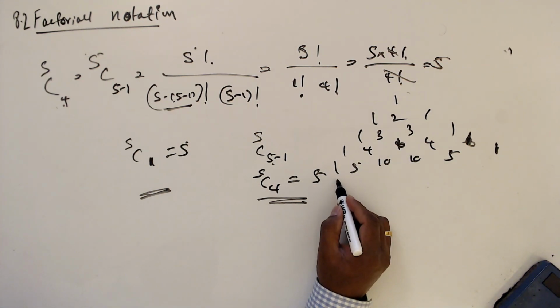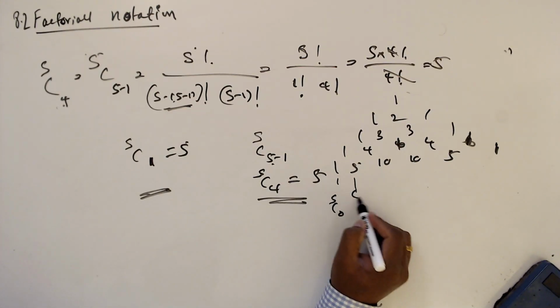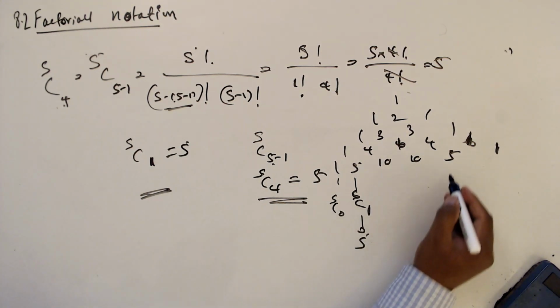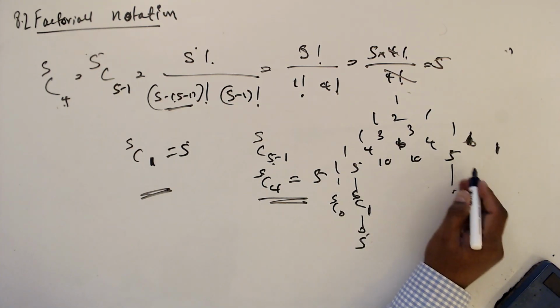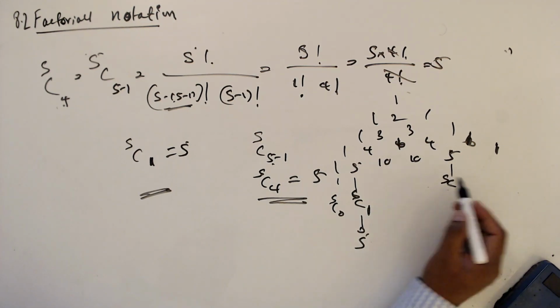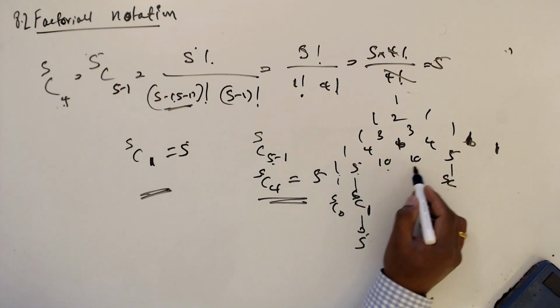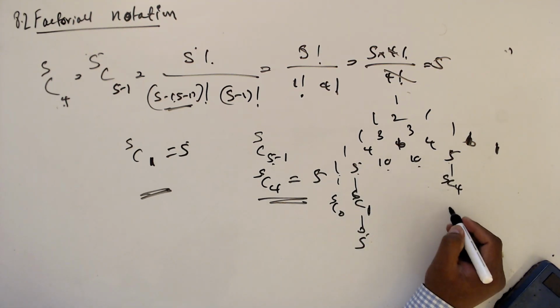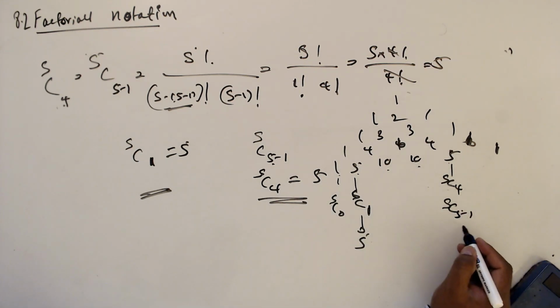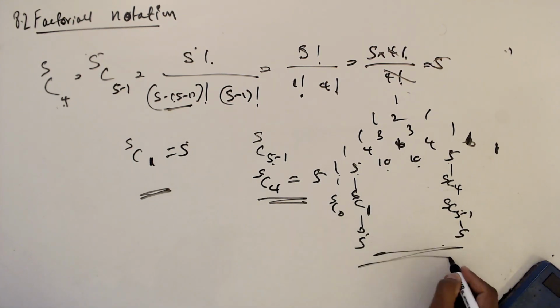This is 5C0, this is 5C1 which is also 5. In another way, this is 5C0, 1, 2, 3, 4. 5C4 or 5C(5 minus 1) is also 5.